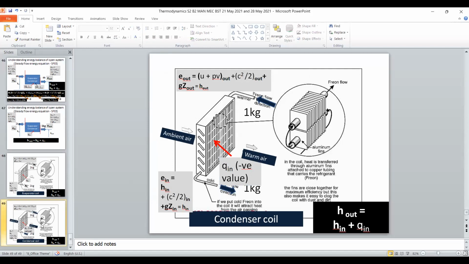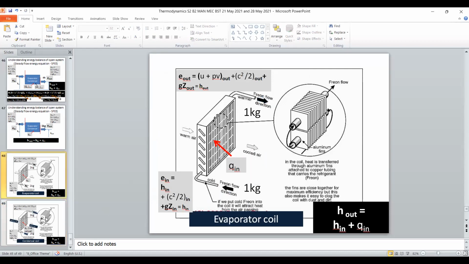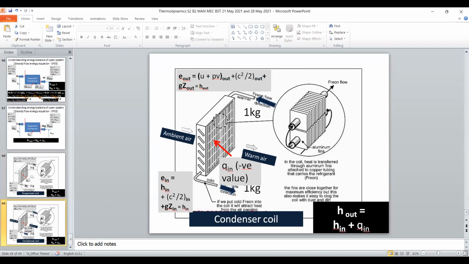How about the previous one? Yeah, Q in is a negative value, because in the actual case, this is releasing.